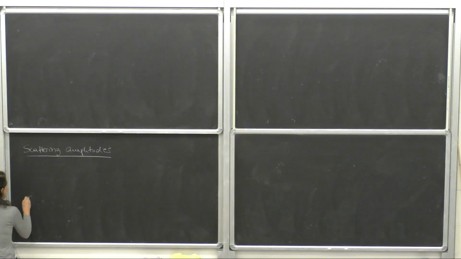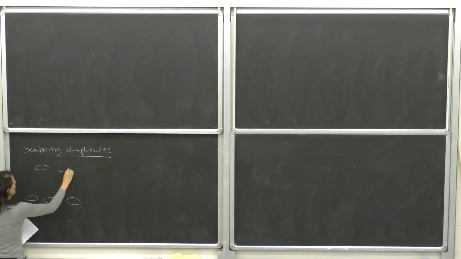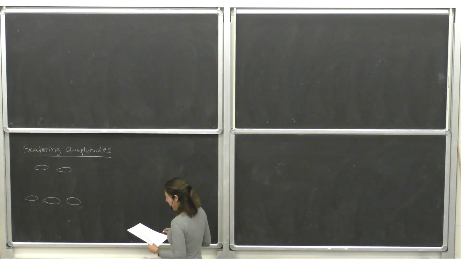You can have 3 closed strings scattering and going into 2 closed strings, say 2 tachyons and a massless state going in.